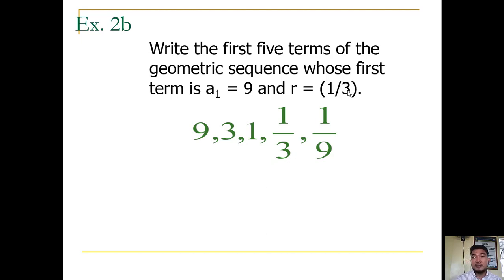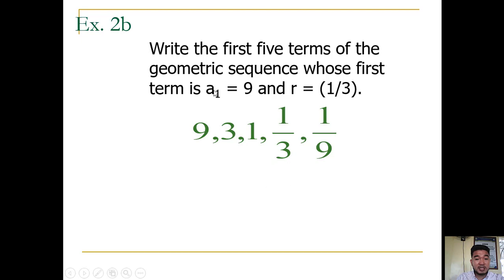There are actually problems that you don't need to use the formula. You just have to use the given values and understand what is really happening in the geometric sequence. Kapag geometric sequence ang isang sequence, ang ginagawa lang natin para makuha natin yung susunod na term ay i-multiply yung sinusundan niya sa common ratio.